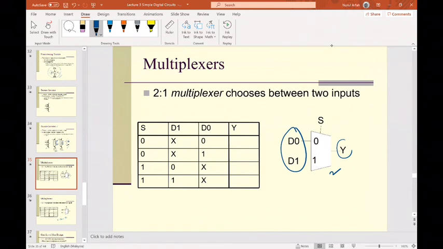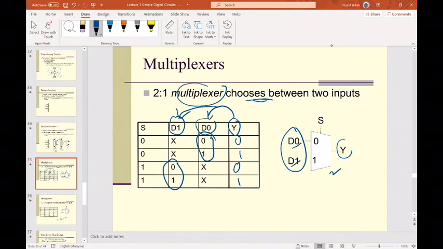Okay, a multiplexer will always choose between two inputs. So you have these inputs, D0 and D1. The Y here will choose either this or this, according to your S condition. So like this one, it will choose this, so this one will have a 0 and 1. And this part, with the Y here, it will choose 0, 1 here.